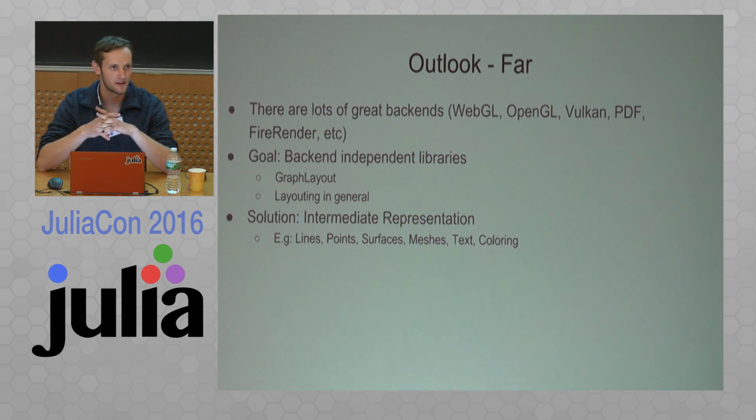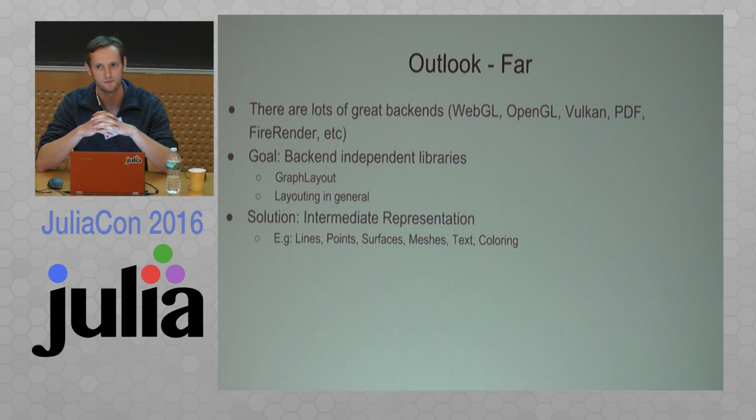And then there's PDF for printing. There are a lot of cool backends, basically. And there will always be new backends. So I felt like we should really try to reuse code as much as possible and write actual libraries that are not backend dependent, especially for graph layout and layouting in general.